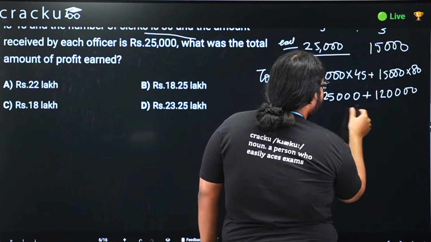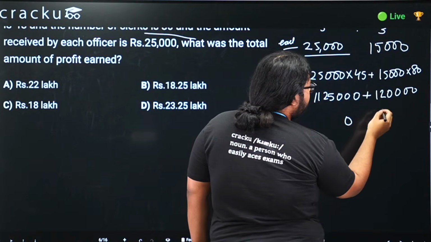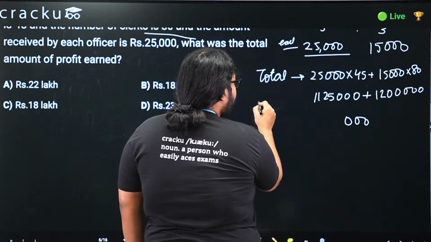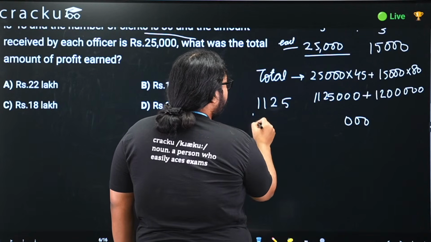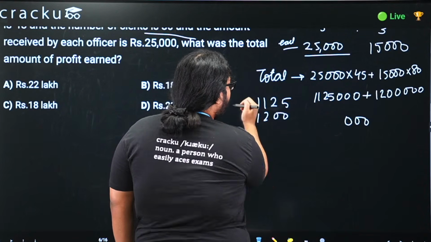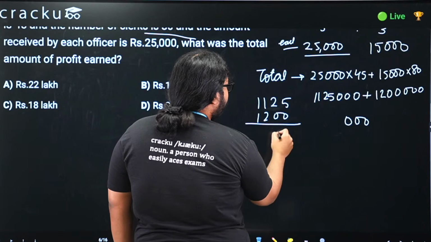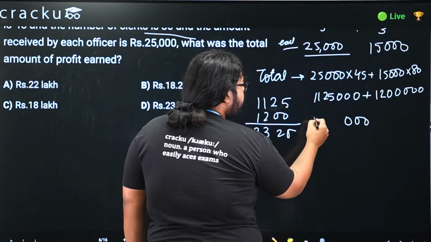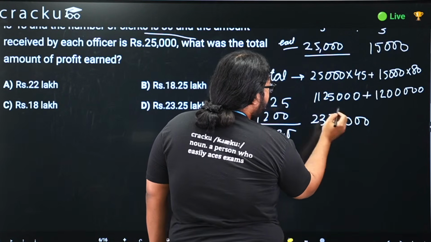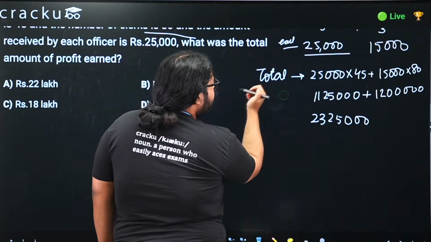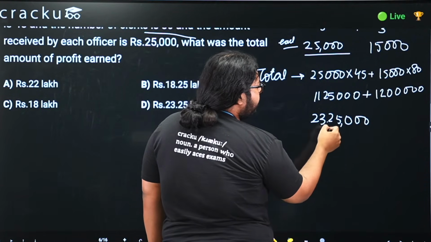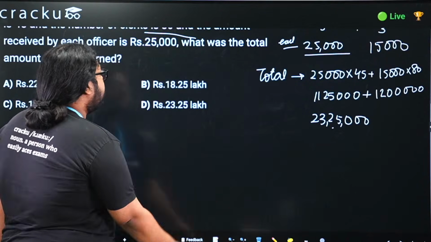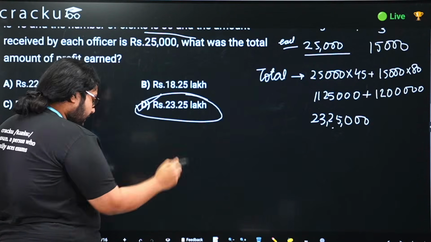Three zeros, so we take it out, and then 1125 and 1200. Adding that up, we get 2325, so 2325000. The answer is given in lakhs, right? So it's like 23 lakhs 25,000. So 23.25 lakhs, option D should be the correct answer here.